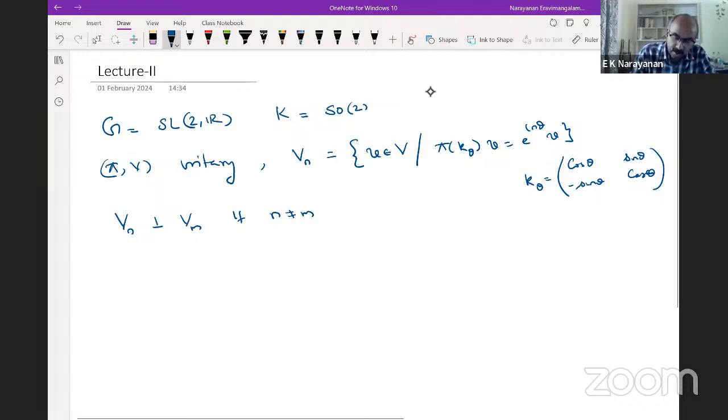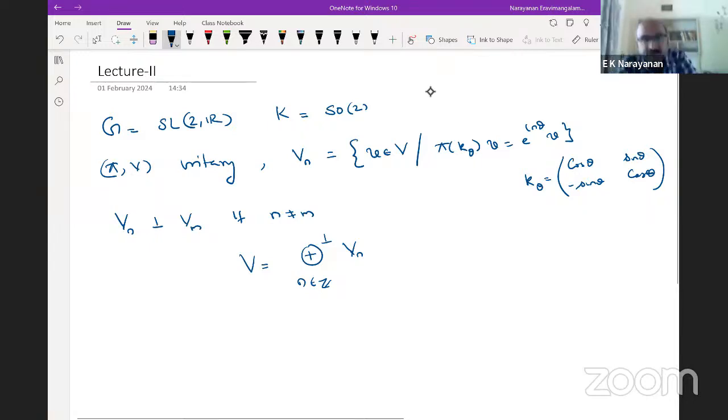We also know that V is the Hilbert space direct sum of these V_n. Of course, some of the V_n may be 0. We don't know which V_n survive, but some will.